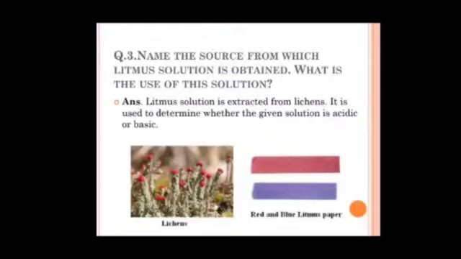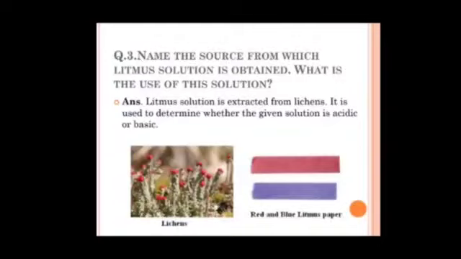It has generally a mauve color, which means purple. When added to acidic solution it turns red, and when added to basic solution it turns blue. But nowadays it is available in the form of a strip of paper. Generally we call it red litmus paper and blue litmus paper.